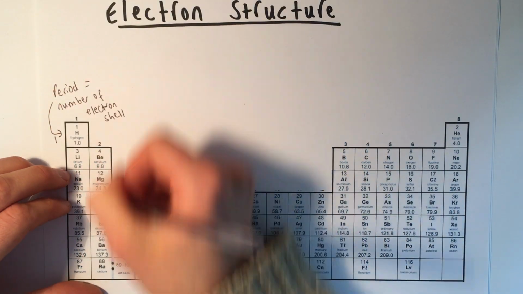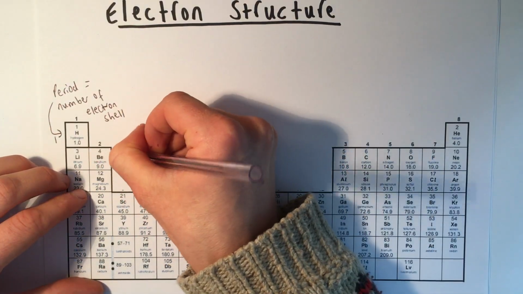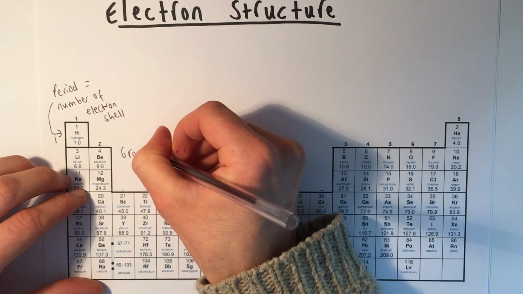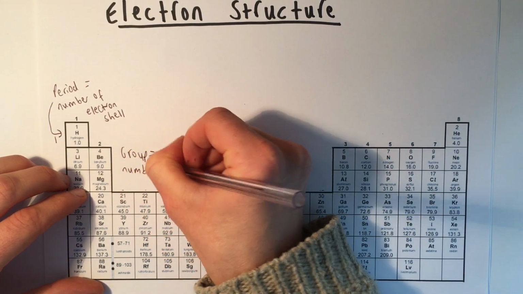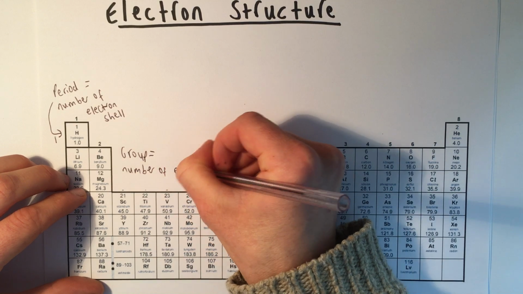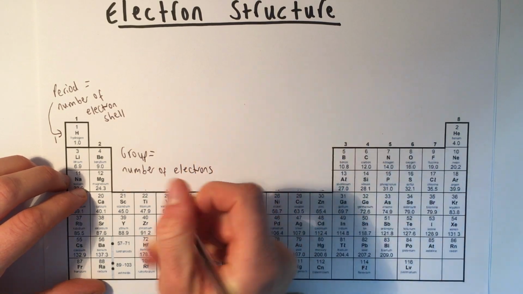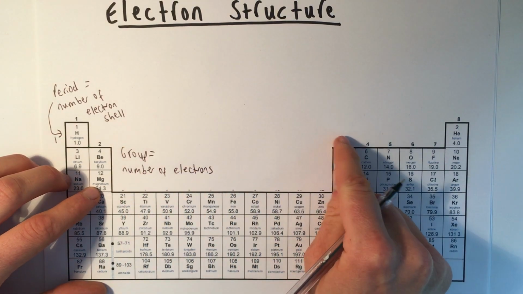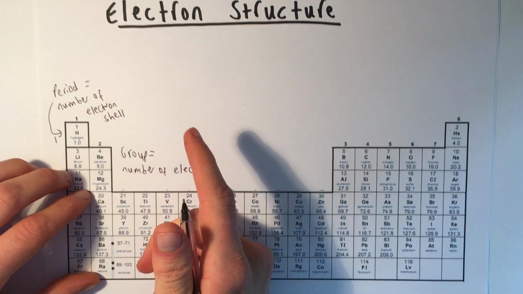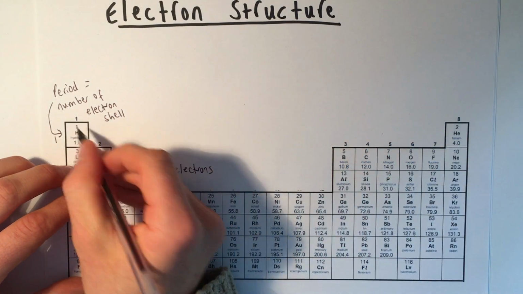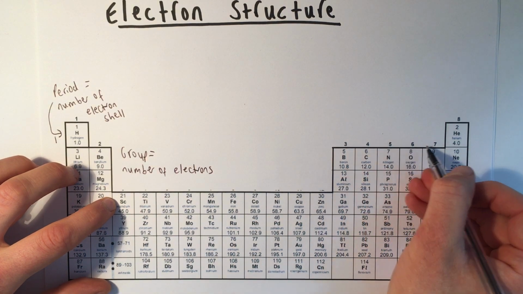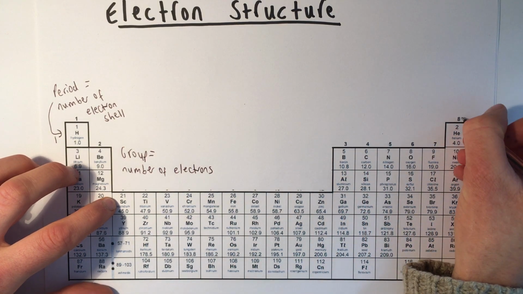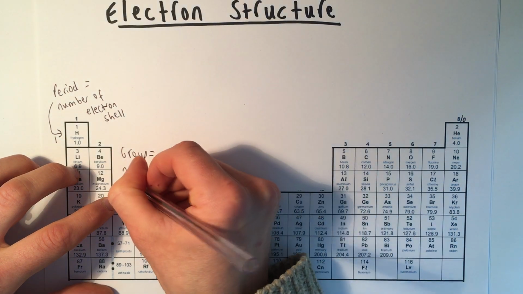Then we've got groups which go down. They're the columns. And the group number tells you the number of electrons in the outer shell. Now, sometimes you see these numbers that go up and then it goes into the teens here, but the ones that you need to be worried about are the numbers that go 1, 2, miss out this block, and then go to 3, 4, 5, 6, 7, and then 8, or sometimes this is called group 0 there.